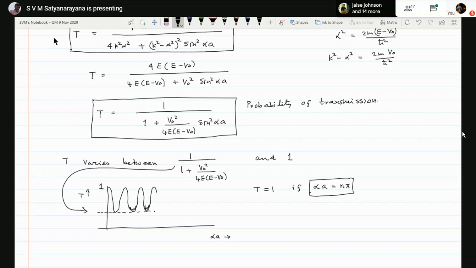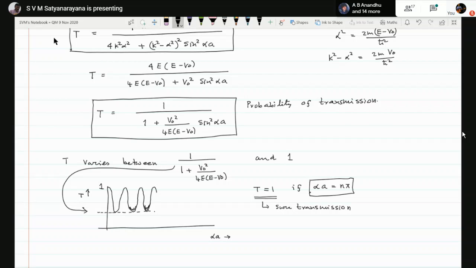Now, what is the meaning of saying T is equal to 1? T is equal to 1 means this is sure transmission. Okay.